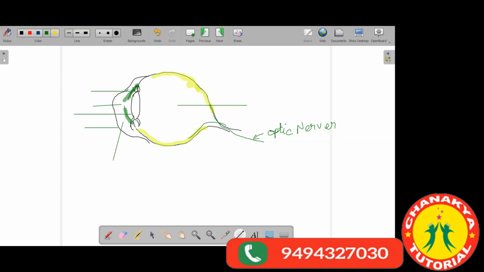This portion is filled with a fluid called aqueous humor. You have this retina, and then you have your yellow spot. I'll be labeling each of them. You can start making the diagram. And this point is called the dark spot or black spot.